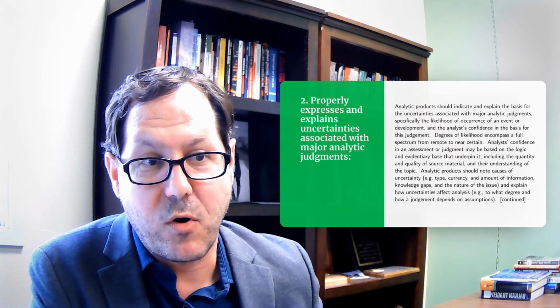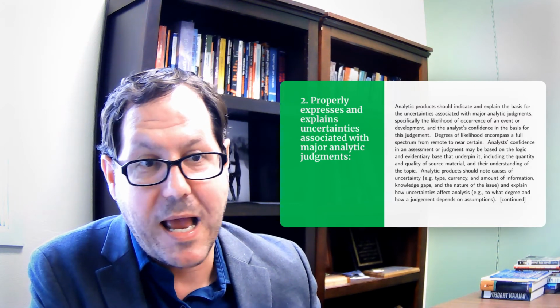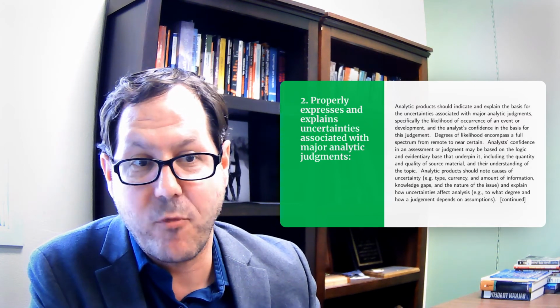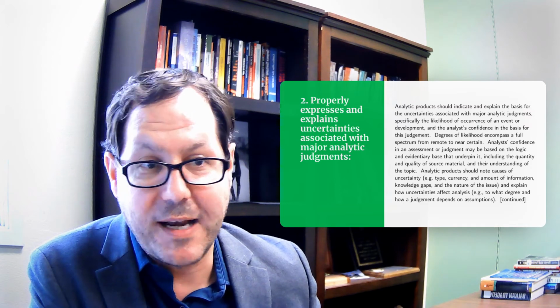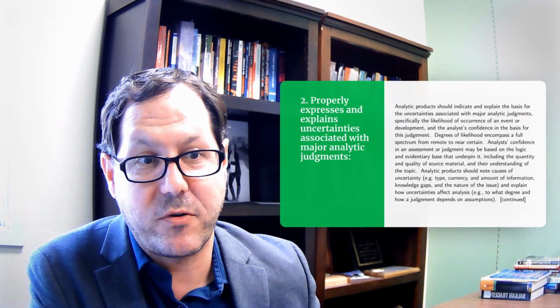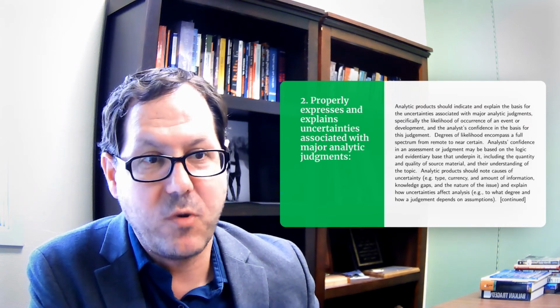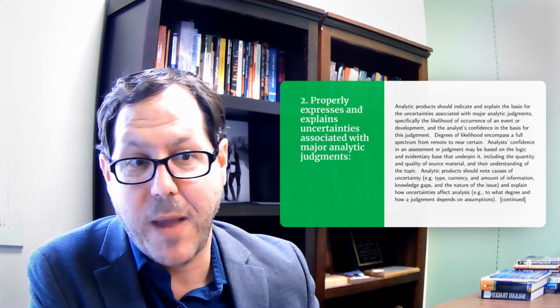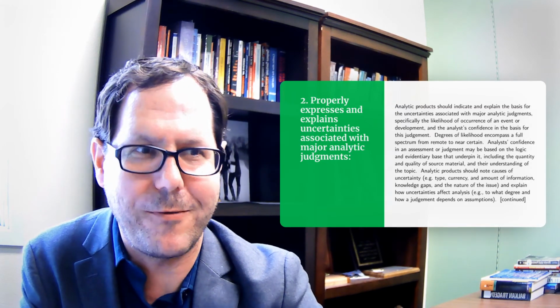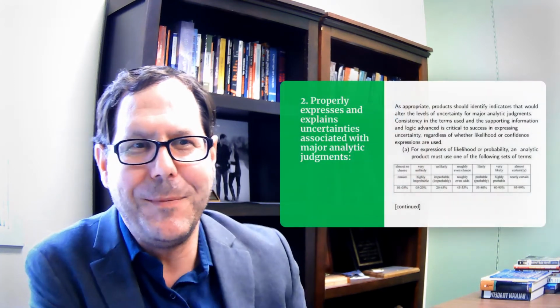Analytic products should note causes of uncertainty, such as type, currency, and amount of information, knowledge gaps, and the nature of the issue, and explain how uncertainties affect the analysis. So to what degree does the judgment depend on assumptions? And there's actually quite a bit more here.